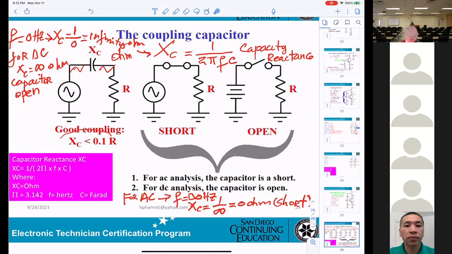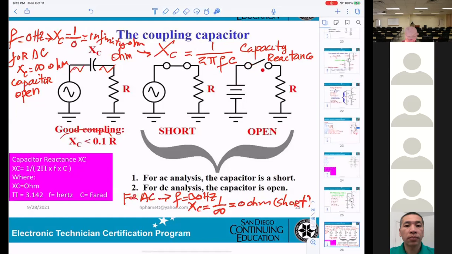The next one they show you is shorted. That means you get a sine wave here, output coming out this side, and it's supposed to be the same sine wave. They allow the sine wave to go. Open: when you get a DC here, then the capacitor will be open.